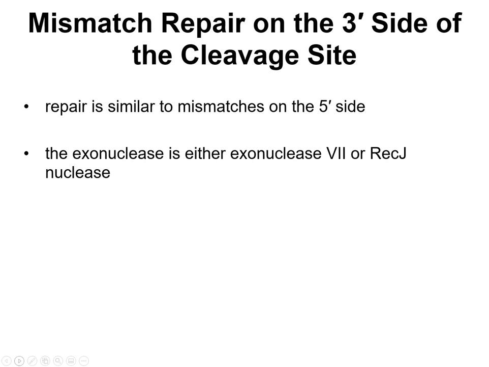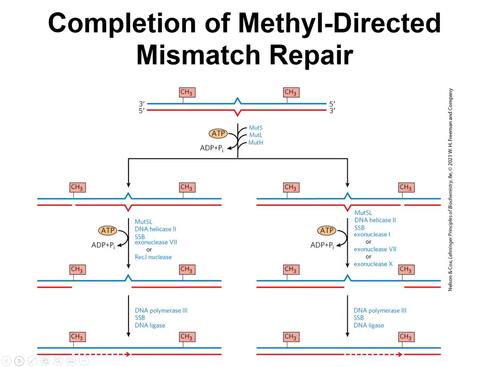In general, they will only chew up DNA, or nucleic acids, I should say, in one direction or another. So once we have our nick that's caused by MutH, if we have something that is on the 5' side versus the 3' side, that will determine what happens.